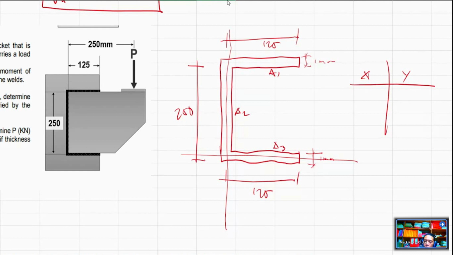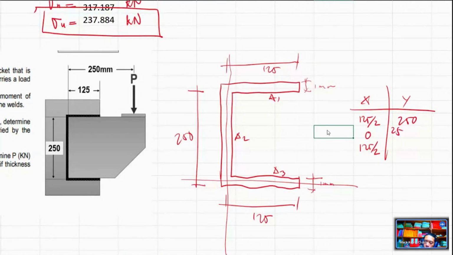For area 1, your x is 125 over 2. For area 2, your x is 0. For area 3, your x is 125 over 2. Now for y: for area 1, your y is 250. For area 2, your y is 250 over 2. And this is 0.